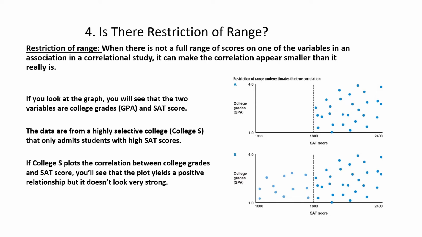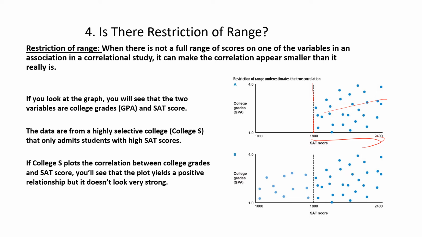If you look at college grades based on SAT scores, this is a school that has an 1800 cutoff on SAT scores. Because of that, everybody has 1800 or higher. And you look at their GPA, and you've basically got a weak correlation between SAT scores and college GPA.